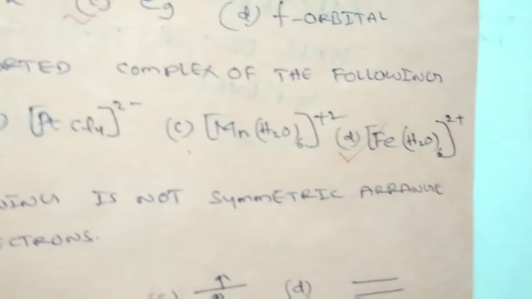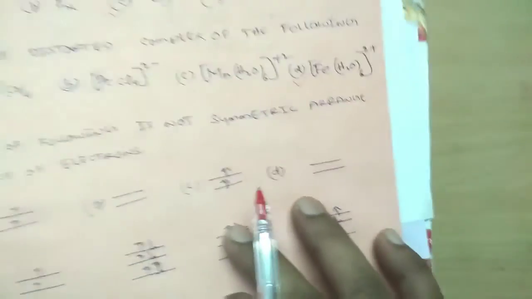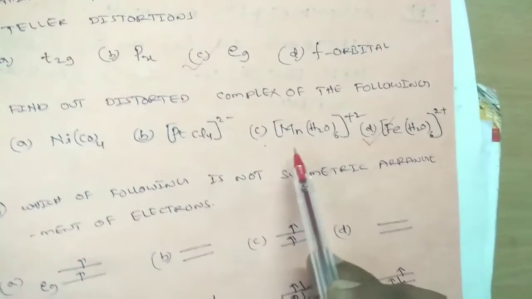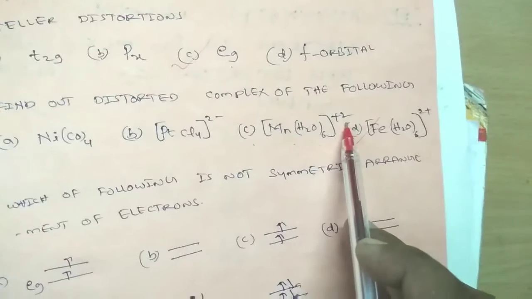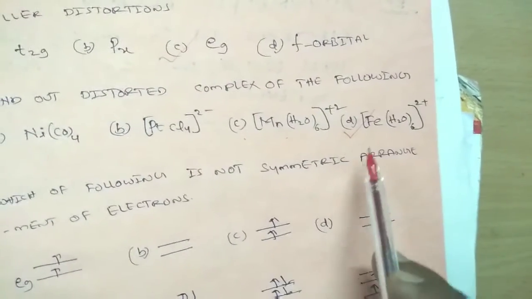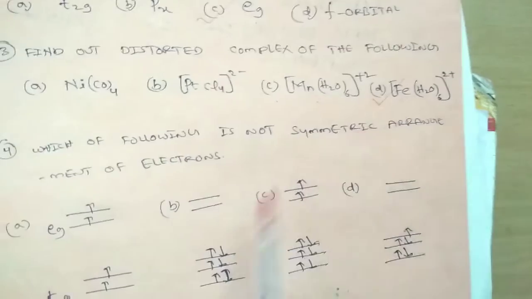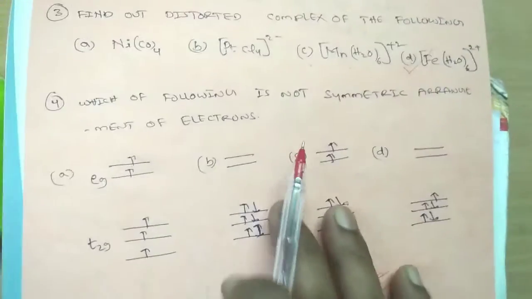Even this also doesn't cause Jahn-Teller distortions. Only the last one. If you write the electronic arrangement for Fe(H2O)6 2+, that would be the answer. So we will see only uniform arrangement in Mn(H2O)6 2+, asymmetric arrangement in Fe(H2O)6 2+. Therefore option D is true.